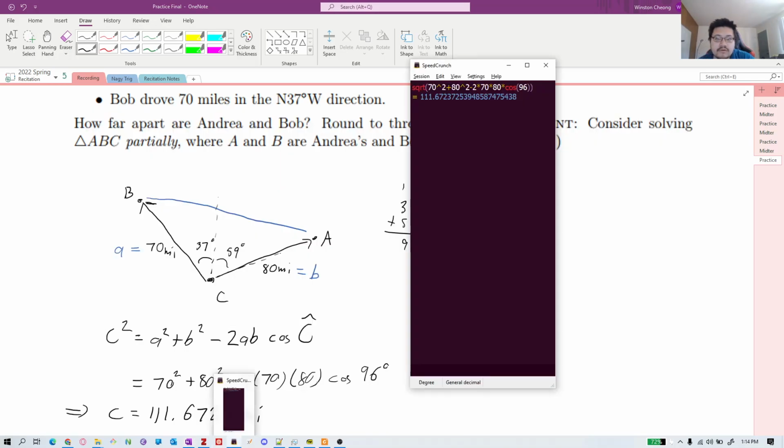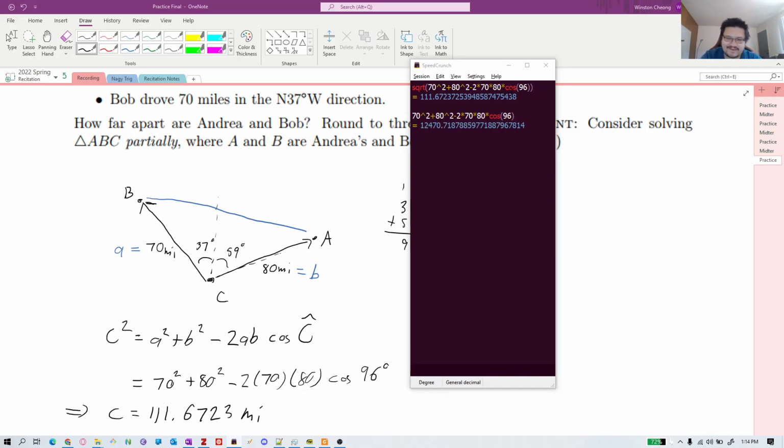Let me double check. Minus 2 times. Oh my gosh. I did, didn't I? Yeah, okay. I think when I first did this yesterday night, I didn't take a square root.